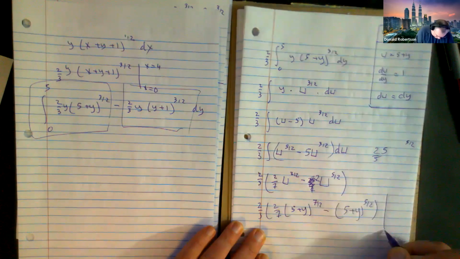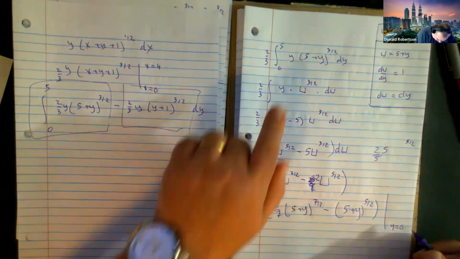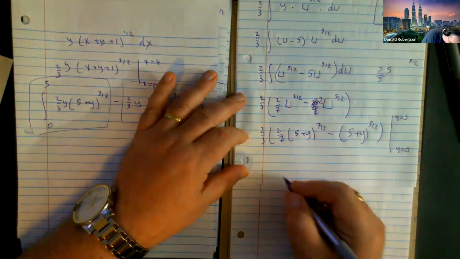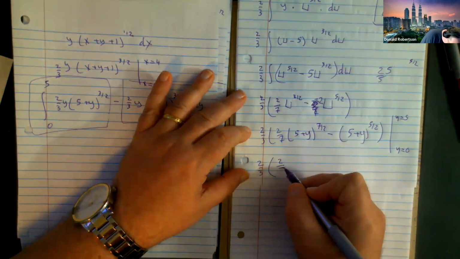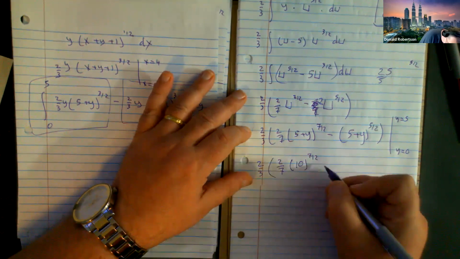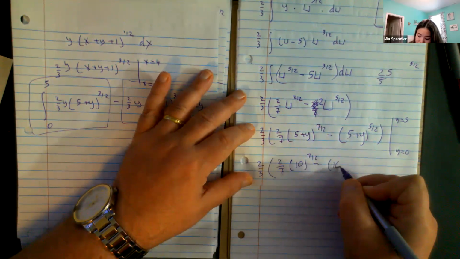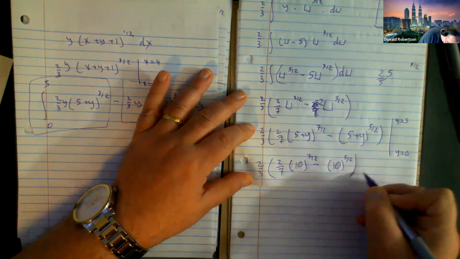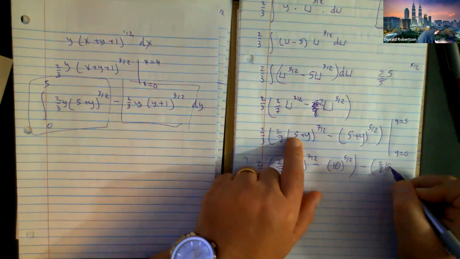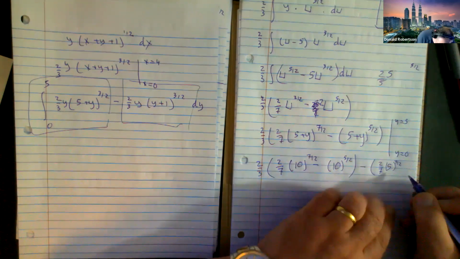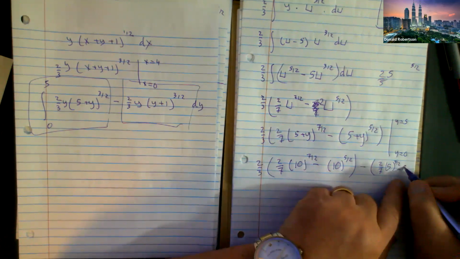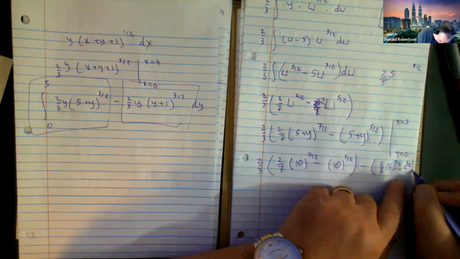And evaluate them at y equals 0 and 5. Okay, so I get 2/3 of everything. So it's going to be 2/7, 10 to the power of 7 halves, take away 10 to the power of 5 halves, minus 2/7, 5 to the power of 7 halves, take away 5 to the power of 5 halves.